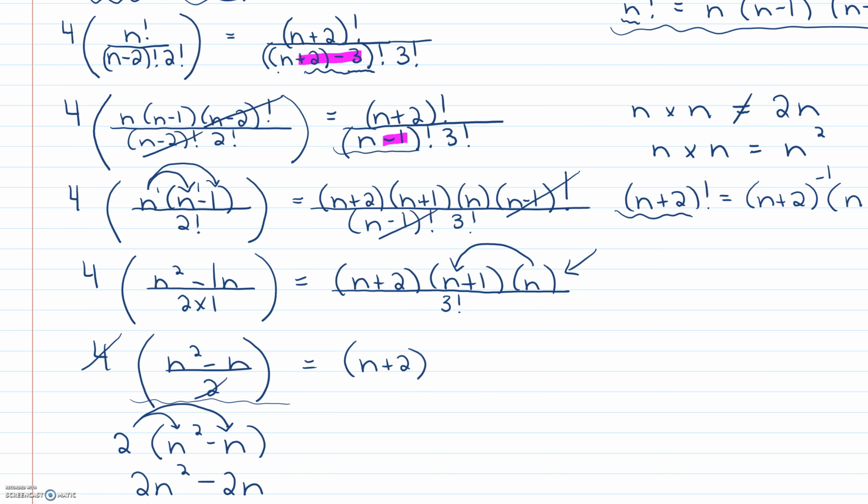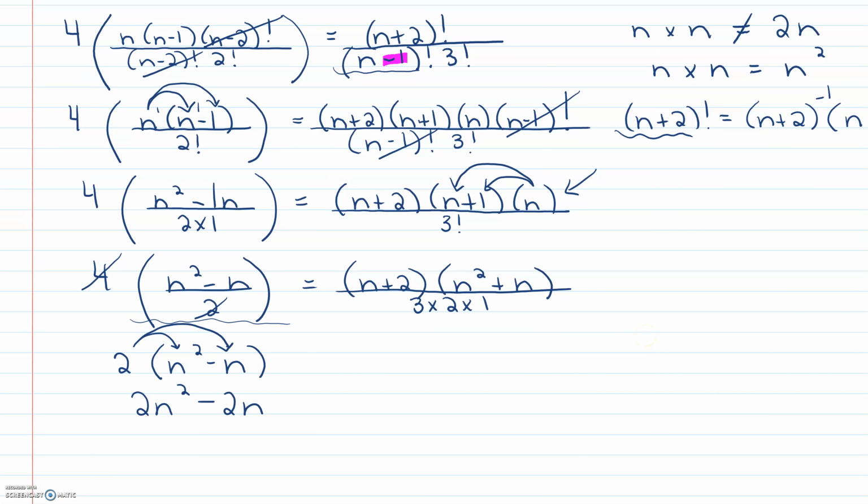N times n is n squared. So n times n is n squared, not 2n. We're not adding, we're multiplying. 1 times n is 1n, or we can just rewrite it as n. 3 factorial is 3 times 2 times 1. I'll just go ahead and do that at the same time.